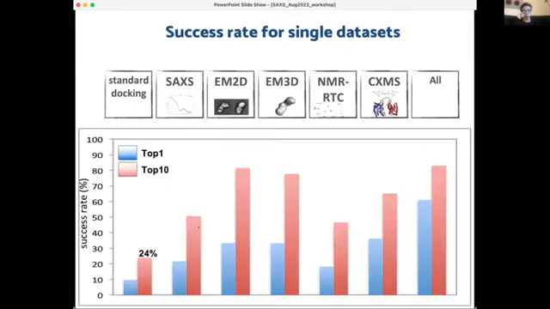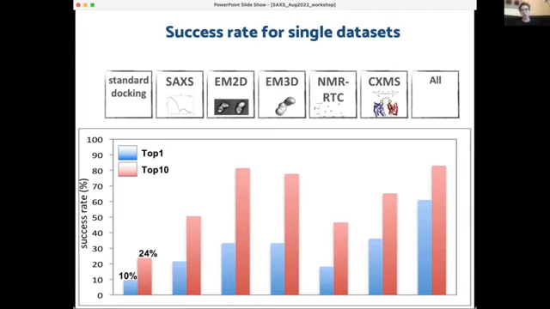So what we found is that if we look at the standard docking and we look at the top scoring solution and top 10 solutions, because beyond that it becomes hard to look at those solutions. So just docking without any data sets, only in 10% of the cases we have the correct solution at top scoring, and it's 24% for top 10.